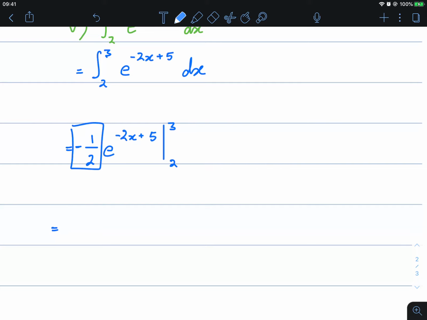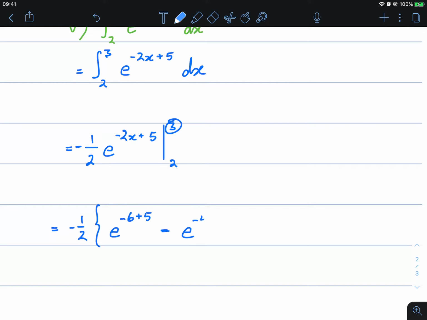I'm going to factor out the half, so half from the outside. This is now going to be e to the power of negative 6 plus 5, substituting 3 into x, minus e to the power of negative 2 times 2, so that's going to be negative 4.